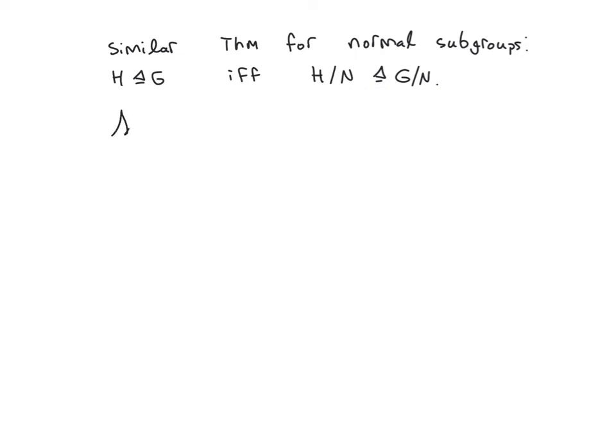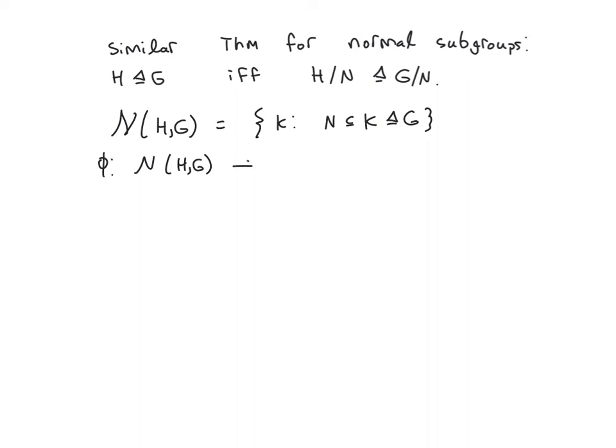Here one would define NHG to be those subgroups K, where N is a subgroup of K, but K is a normal subgroup of G. And then, yes, it turns out there's a bijection here as well, given by the exact same map.